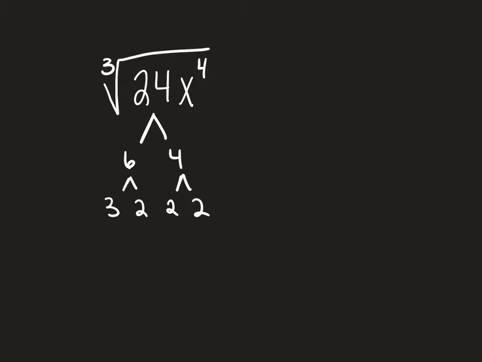So since this one is a cube root, we've got to circle stuff in groups of 3. Right, so we can take out a 2 because we've got 3 of them. And so that's going to put a 2 outside, and then we're left with that 3 inside.